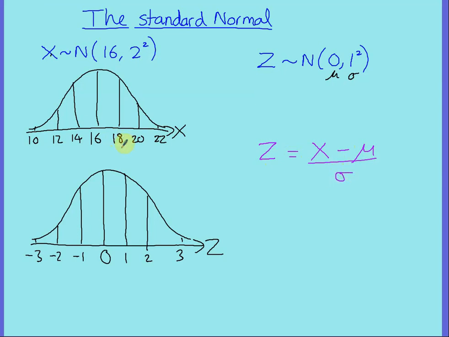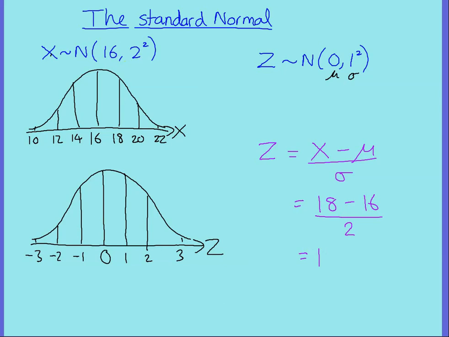So if we take 18, we know it's one standard deviation because we can see it in the data, but I'm going to show you how we can get one. 18, take away the mean, which was 16, divided by the standard deviation, which is 2, you can see that equals 1. That tells me 18 is one standard deviation.